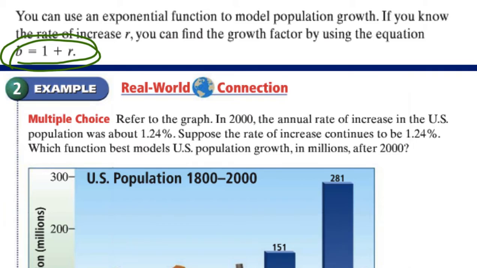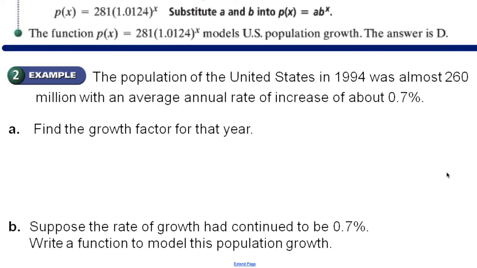All right, so the population of the United States in 1994 was almost 260 million, with an average annual rate of increase of about 0.7%. Find the growth factor for that year. Okay, so we know the rate of increase is 0.7%. Now we're looking for the growth factor, which we know has to be greater than 1.